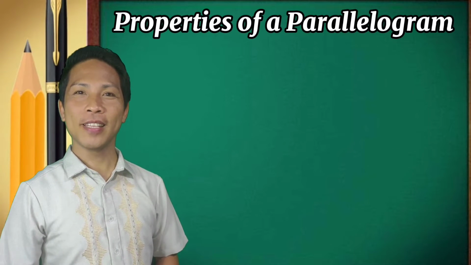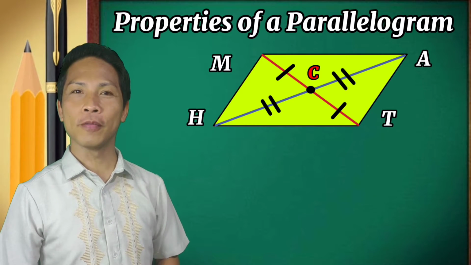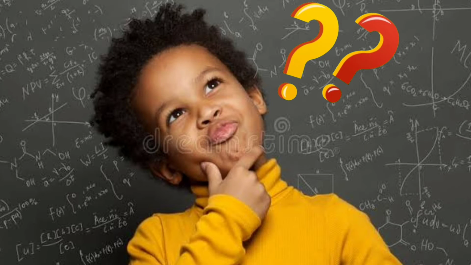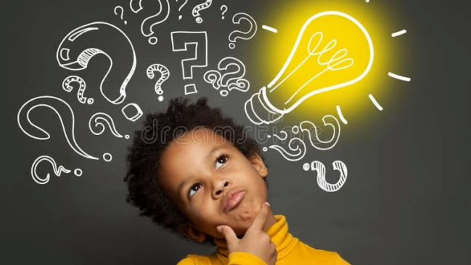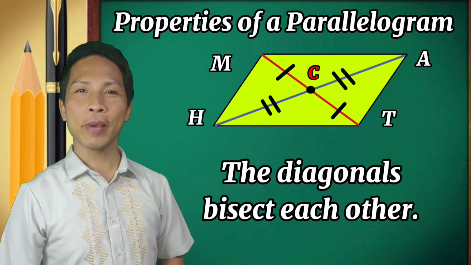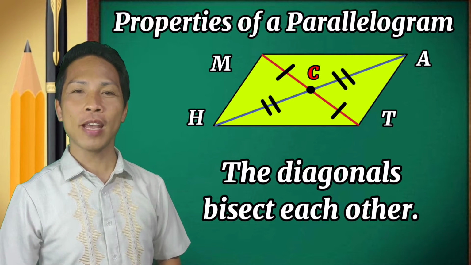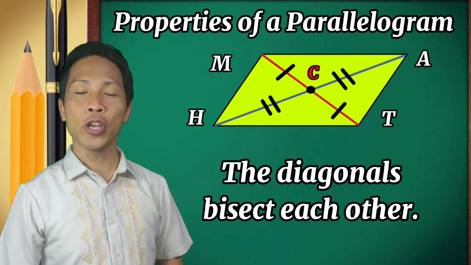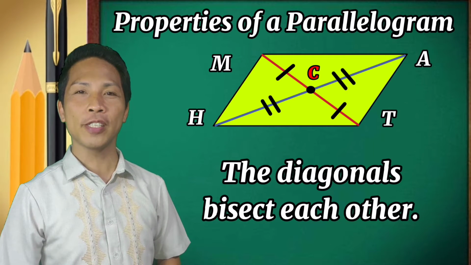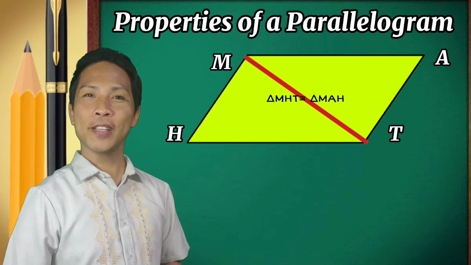Let us examine this illustration. What property is involved? Bravo! The diagonals bisect each other. Take note that a diagonal is a line segment joining two non-consecutive vertices of a polygon. How about this figure?